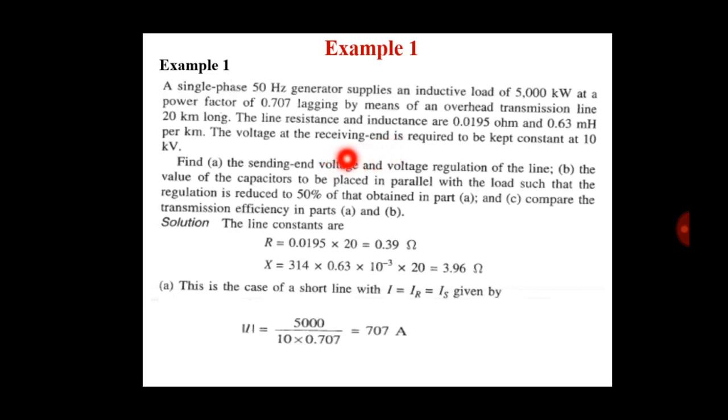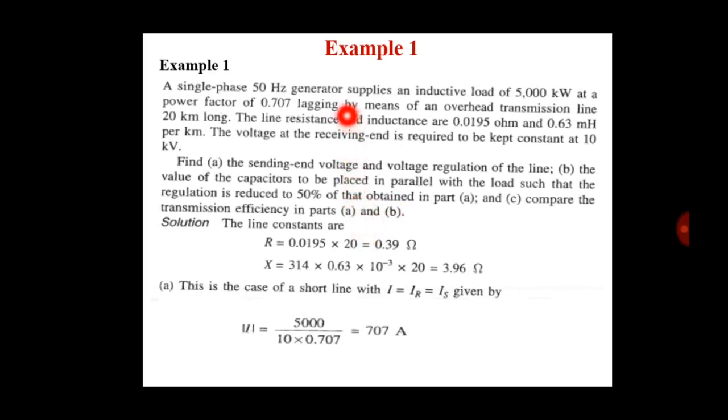The voltage at the receiving end is required to be kept constant at 10 kilovolt. Find A, the sending end voltage and voltage regulation of the line. B, the value of the capacitor to be placed in parallel with the load such that the regulation is reduced to 50% of that obtained in part A. And C, compare the transmission efficiency in parts A and B.